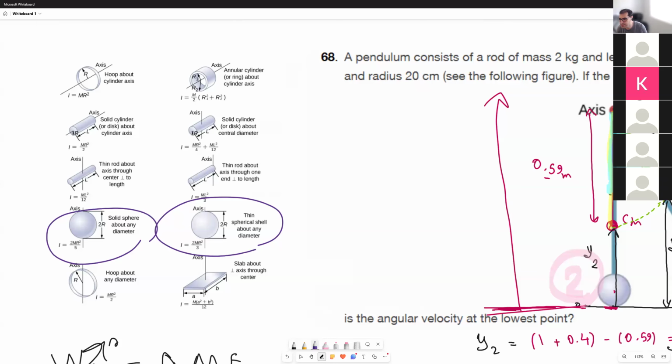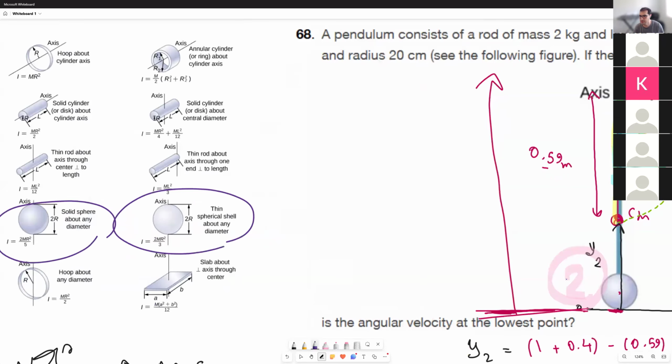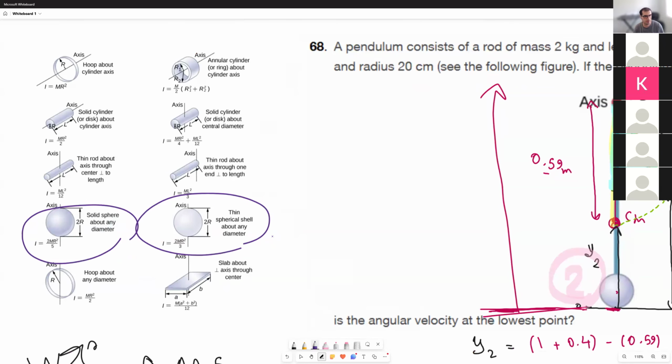Your voice is very low. Can you talk louder a bit? I cannot hear. What's the difference between the two? Read them. What's the difference?